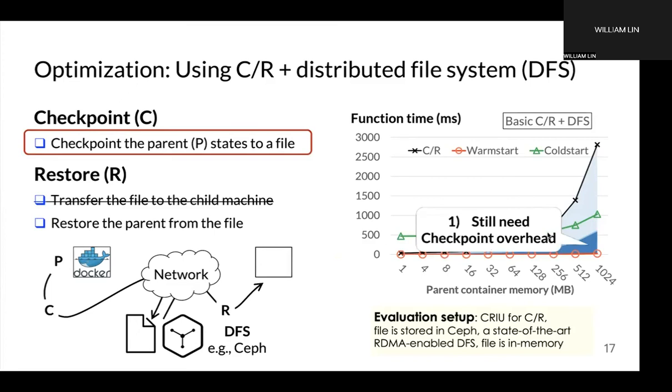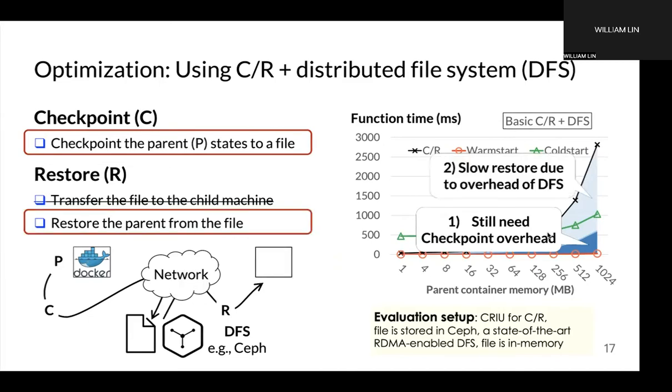First, we still cannot avoid the checkpoint overhead because we still have to checkpoint the file to the DFS. Second, using DFS adds overhead to function execution. On each child's page fault, it will access the memory stored in the DFS file in a copy-on-write way. Accessing memory stored in the DFS is much slower than accessing a local file copied through the network.